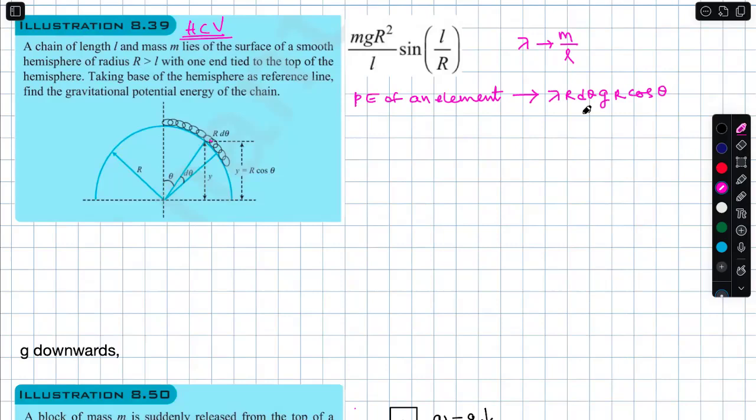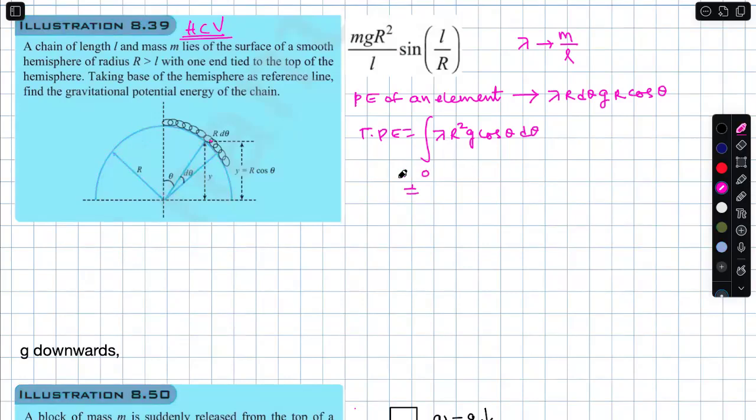Therefore, in this case, the potential energy of an element is this, for only one element. So what is the total potential energy? Integrate all these: lambda R square g cos theta d theta. There are limits here.